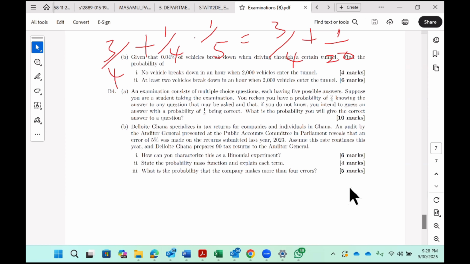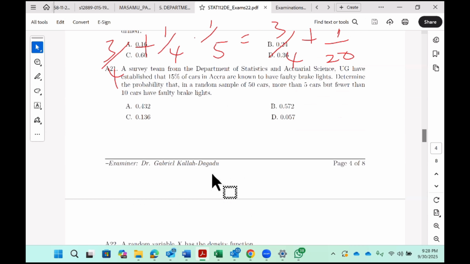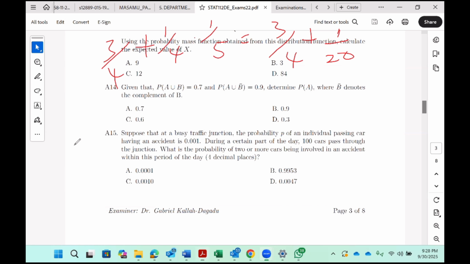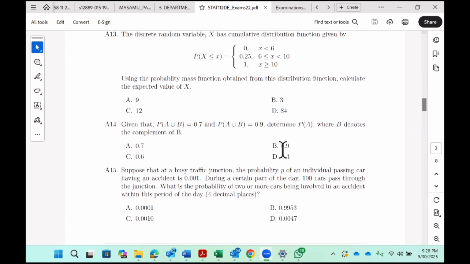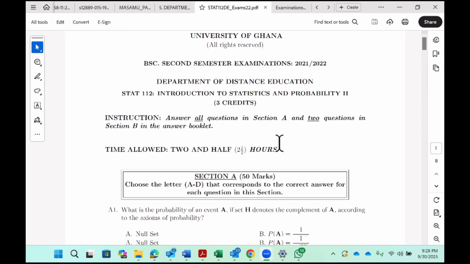Sure, I'll share the questions with you, please. I'll do that, Kwame. So I wanted us to look at these ones too, section B, before we close. Or are we tired? Section A is just like what we just did.